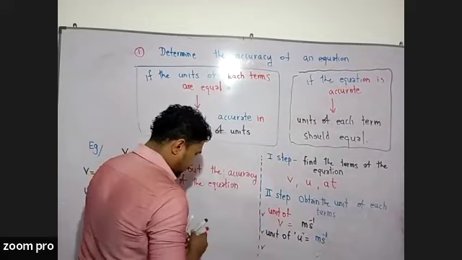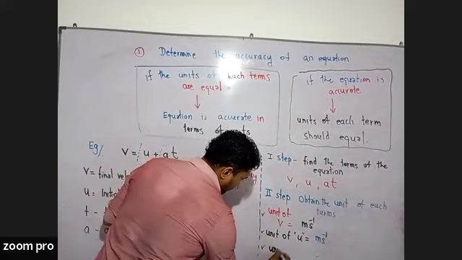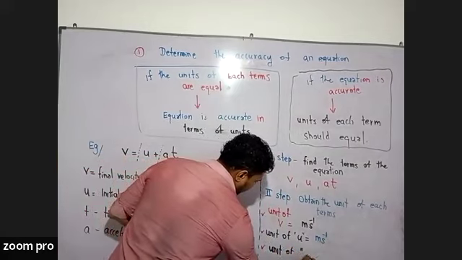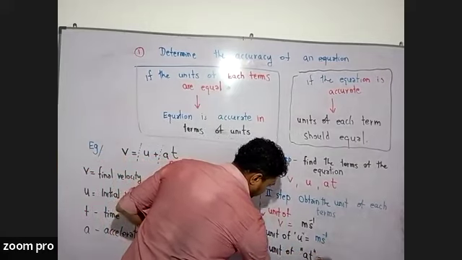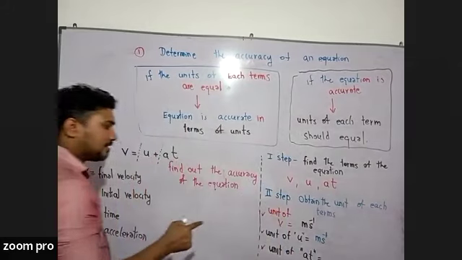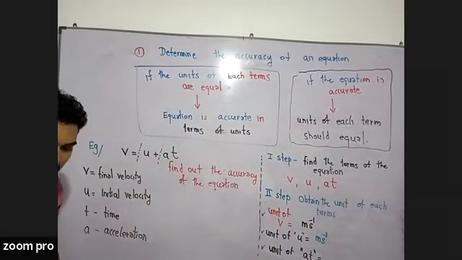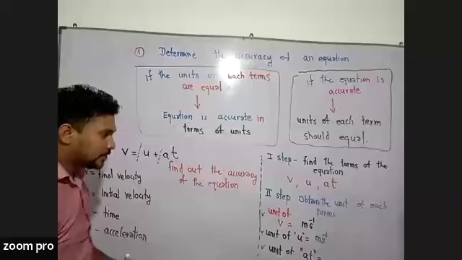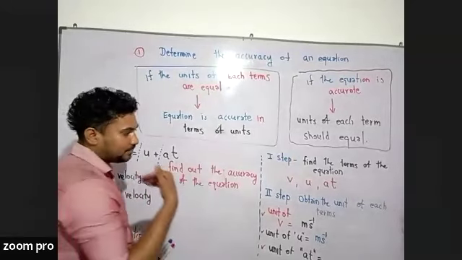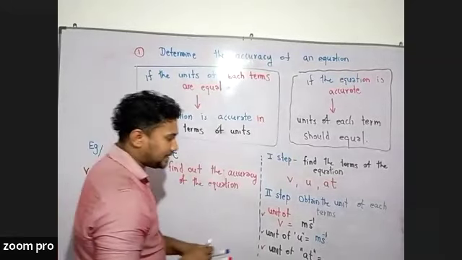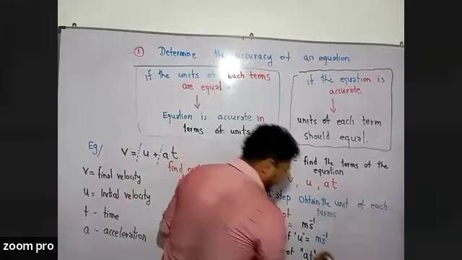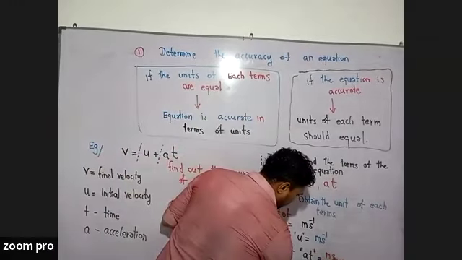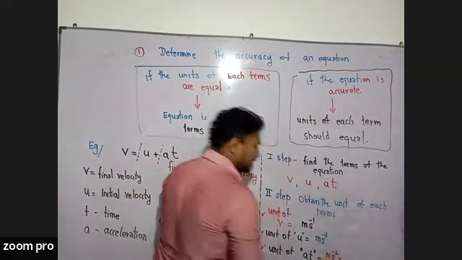Then the other thing is the unit of the product of AT. Now here A means acceleration and T means time. Let's substitute the relevant units for A and T. You know that A means acceleration, so what is the unit of acceleration?